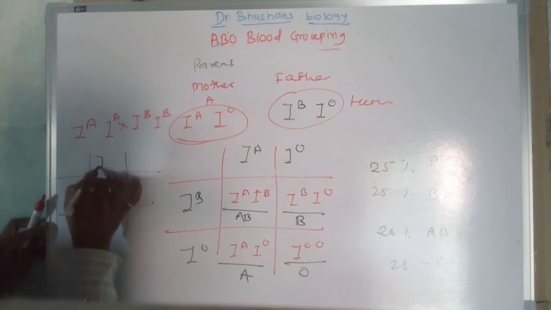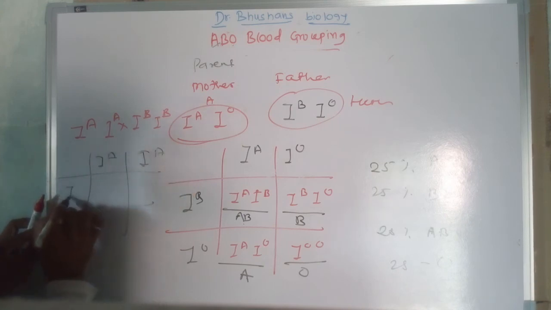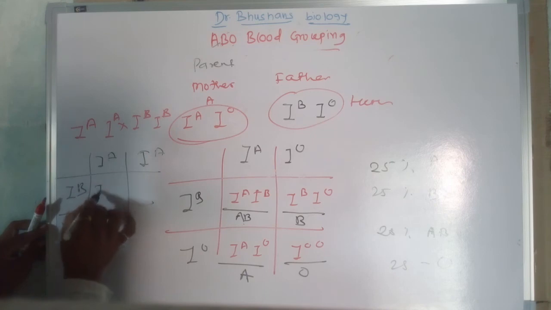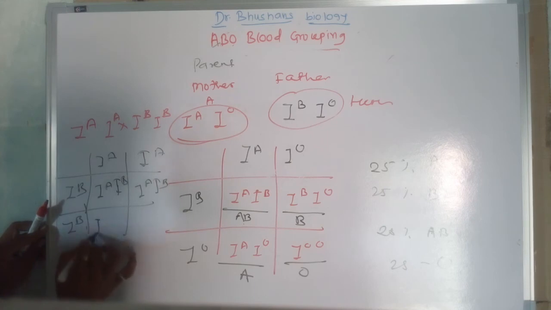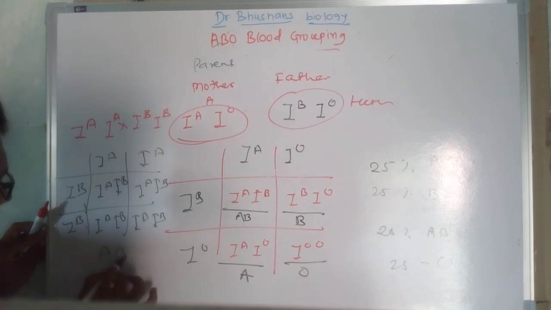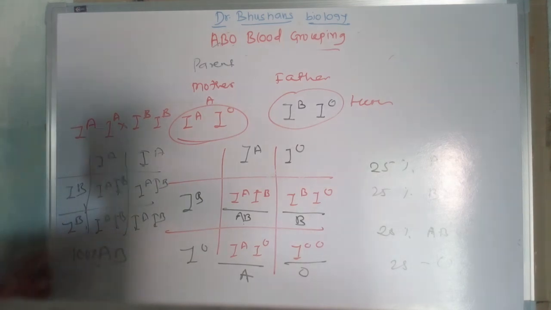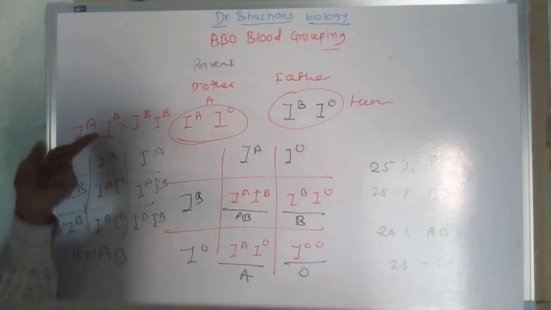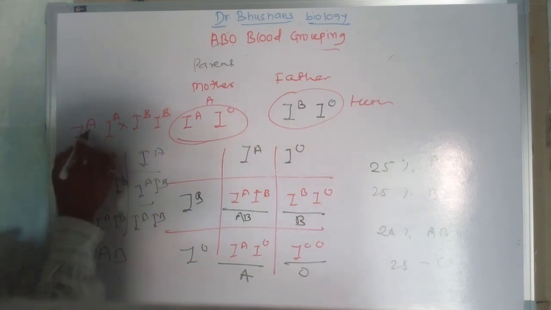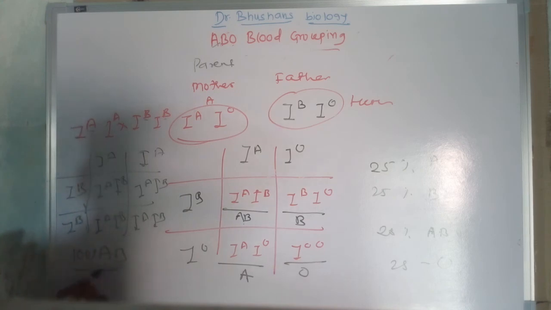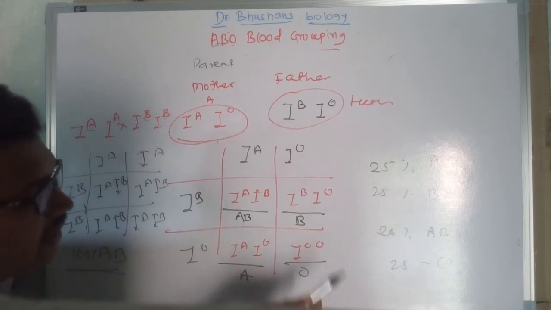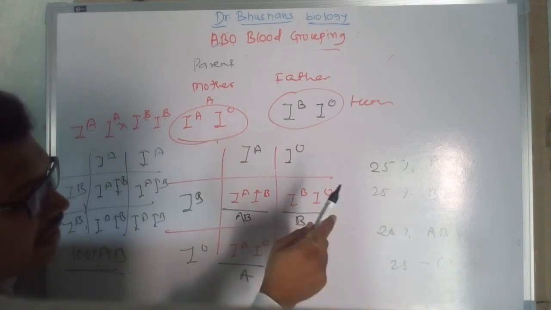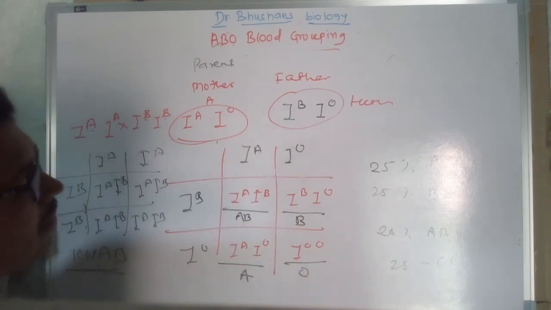Here we find IA, IA, IB, IB, so all are IA IB, so all are AB blood group. 100% AB blood group. If the parents are homozygous A blood group or B blood group, then the possibility in progeny is 100% AB, and if they are heterozygous, then the possibility is 25% for each type of blood group.